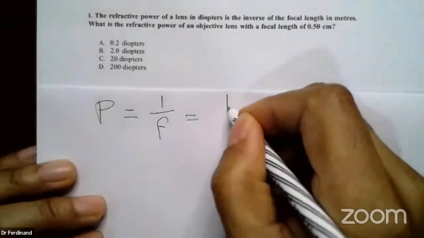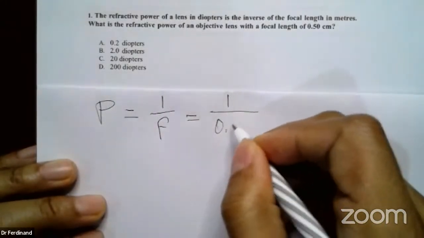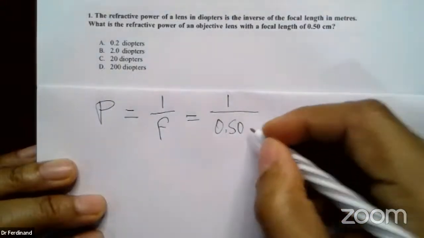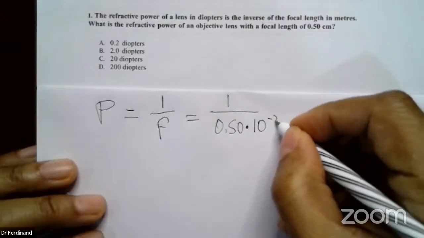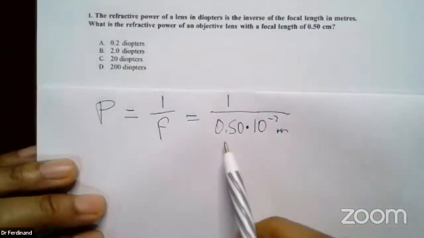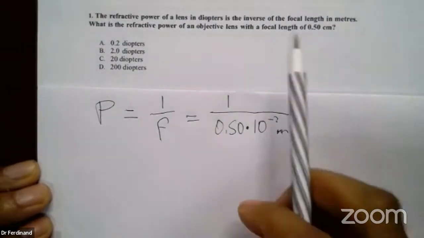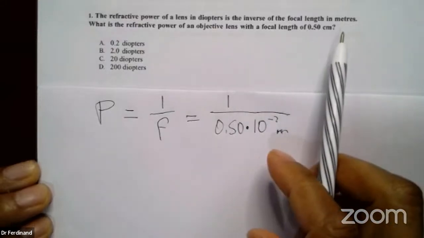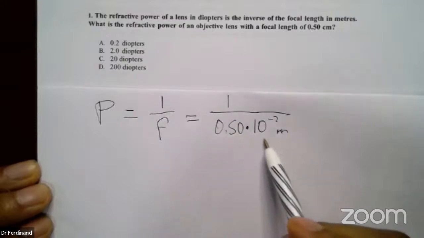So we have 1 over 0.5, but it's times 10 to the minus 2 to make it meters. If I just put 0.5 here, it would be in centimeters, but that's not what we're told. The focal length has to be in meters. So I put 10 to the minus 2 in meters.